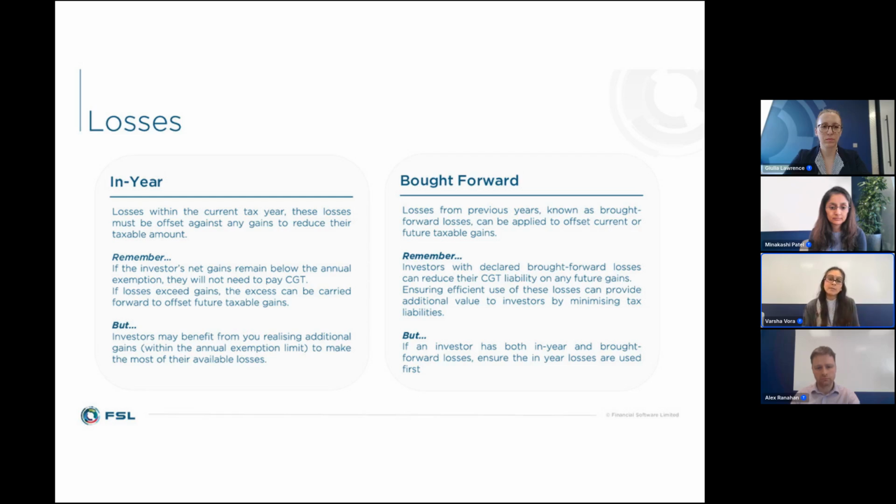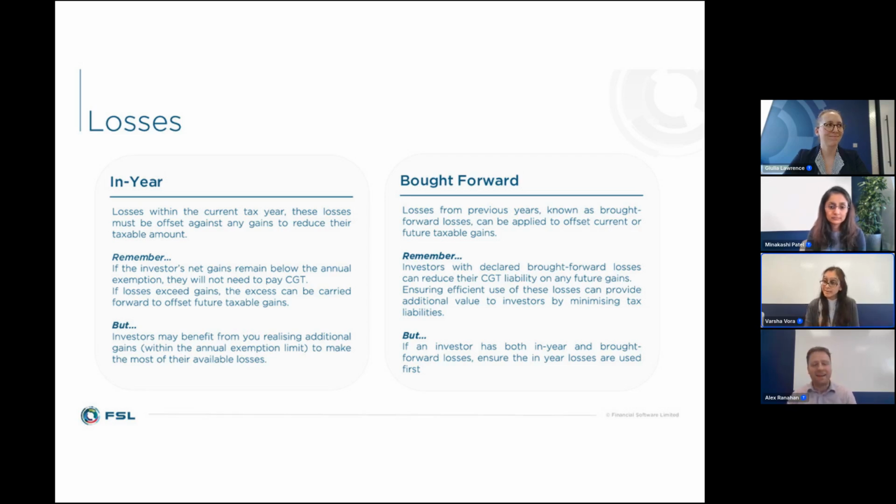Again, if that needs to be considered, you can use external losses and gains within CGIX to ensure that these are taken into account. But again, it's just making sure that your investor is aware that you are taking all these things into account when it comes to their reporting as well.